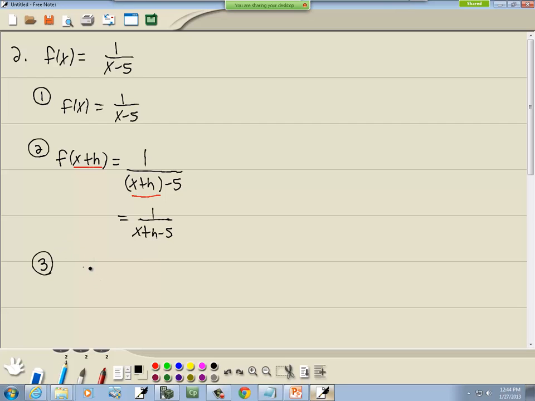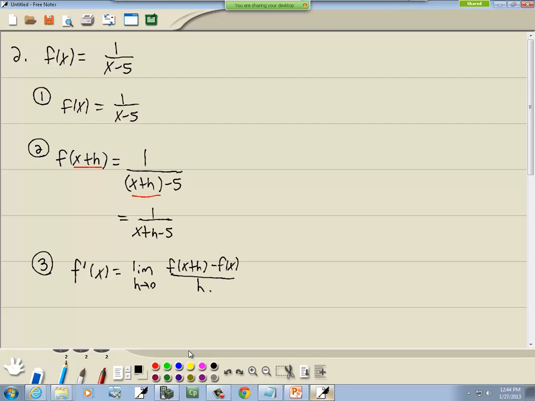Step 3. We'll find our limit now. So f prime of x is going to be the limit as h goes to 0 of f of x plus h minus f of x, all over h. Now the h is what's causing us a problem down in the denominator, because I can't put a 0 in for it.